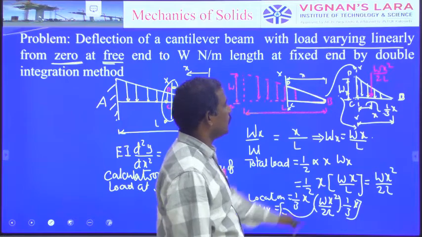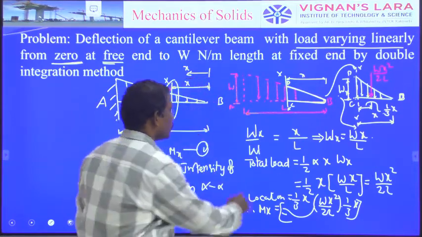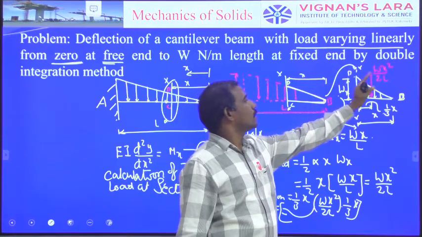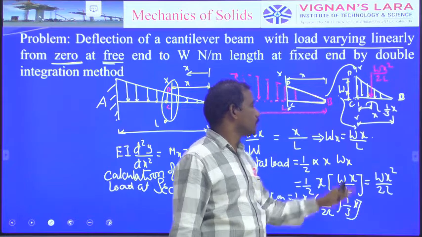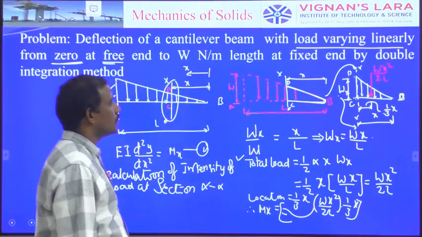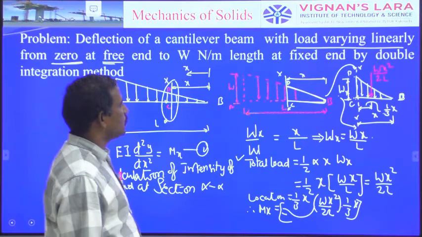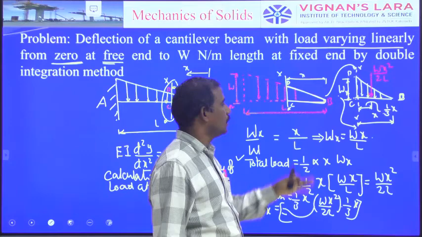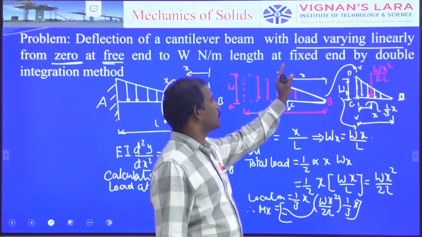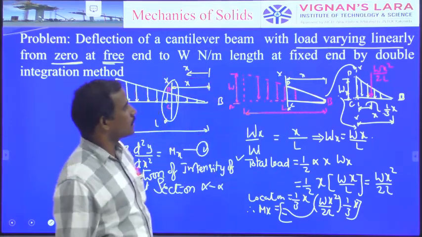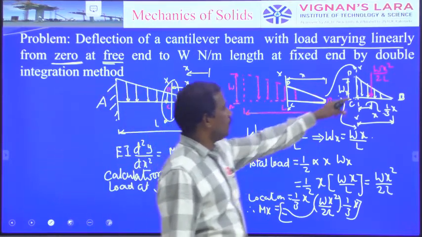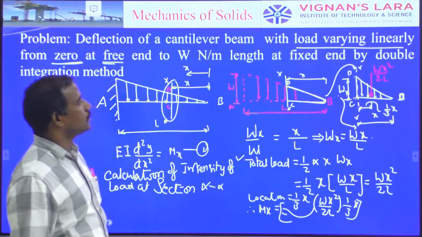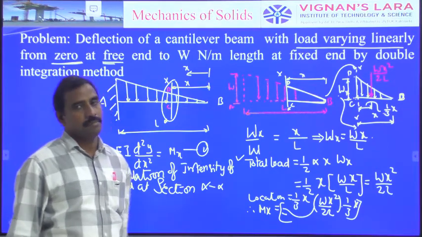As per the geometry, the area under this curve gives the total load. It is always concentrated at the centroid of triangle BCD. Once you know the position of the load distributed linearly between section X and B, and the perpendicular distance from section XX, Wx squared by 2L, you can find the moment. That is the important parameter in the calculation.